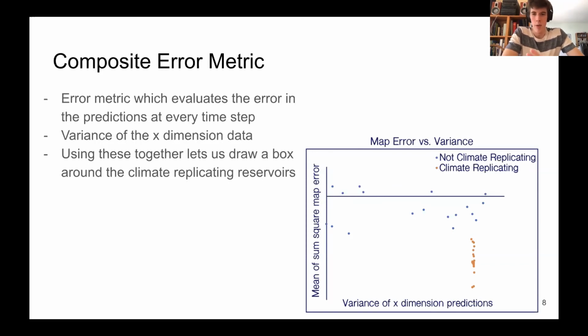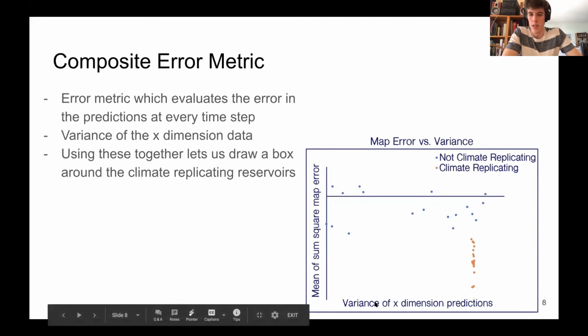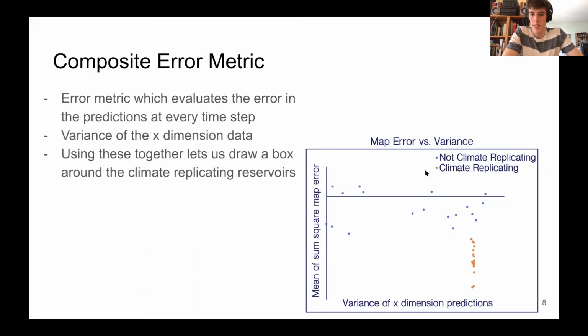And I did that without looking at either of these metrics. But then when you plot those metrics using the variance and the single-step error, we get this graph that nicely separates the climate replicating predictions versus the non-climate replicating predictions.